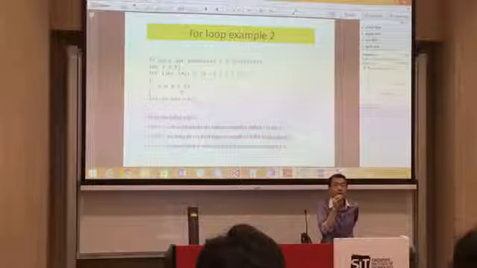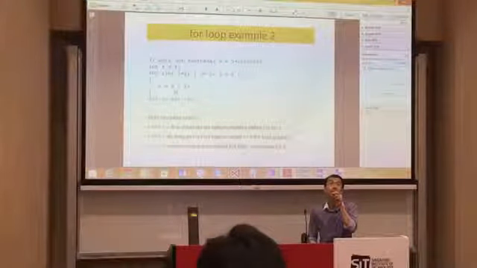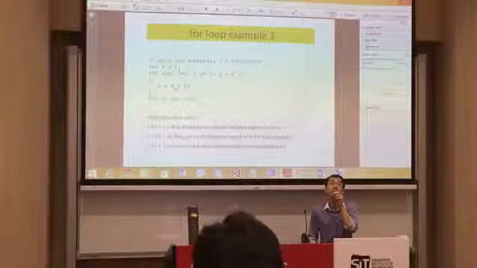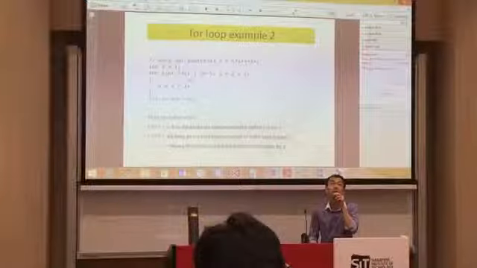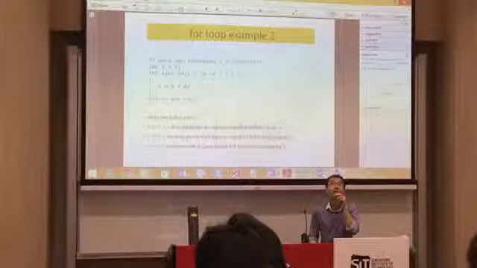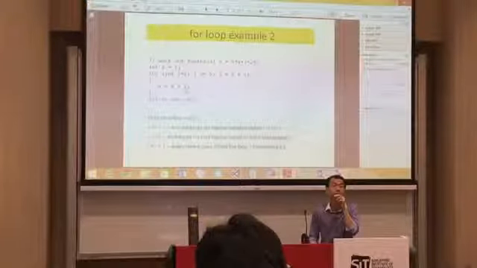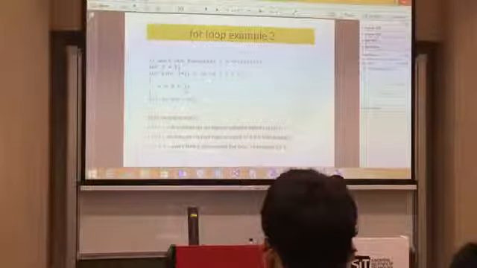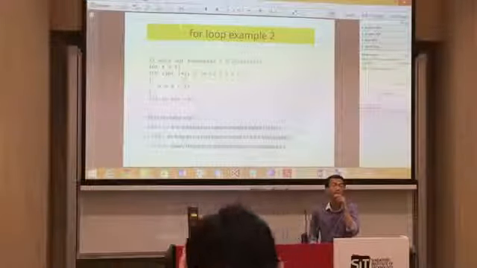So what it means is, in the first step, your I equals 1, x equals 1, right? So 1 times 1 is 1. Then your I changes to 2, then you do x times I, 1 times 2, so now your x equals 2. In the next step, I becomes 3, and it is 2 times 3.